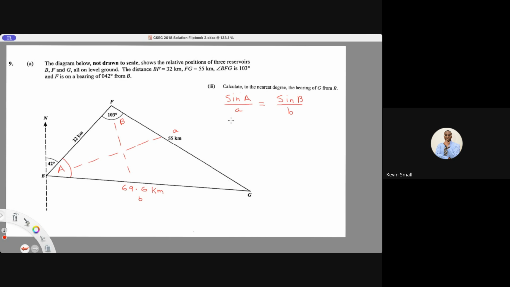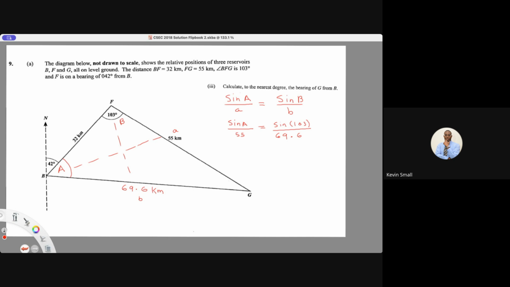So I will say sine A over the 55 kilometers is equal to sine 103 over the 69.6.